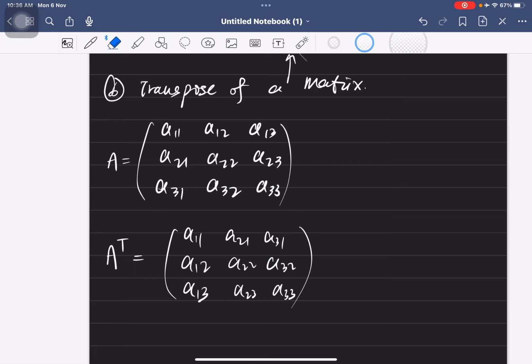This means I write the rows as columns, or you can imagine writing the columns as rows, they are the same thing.